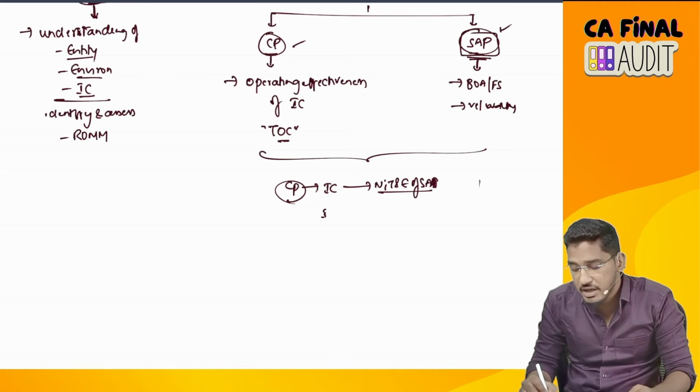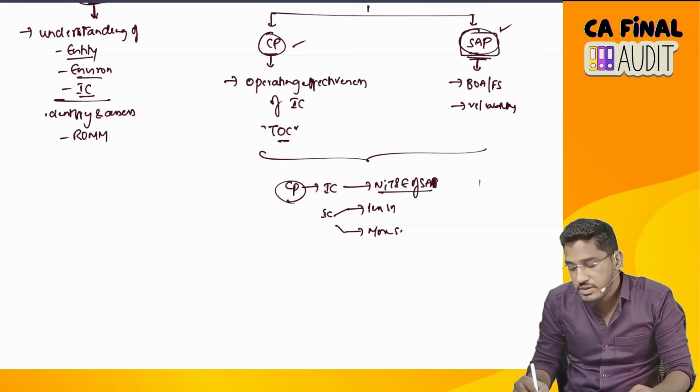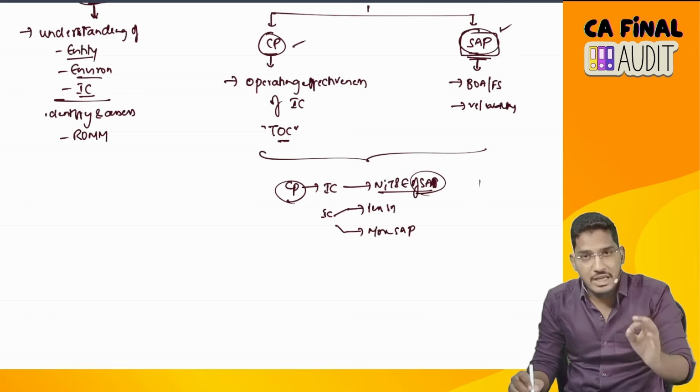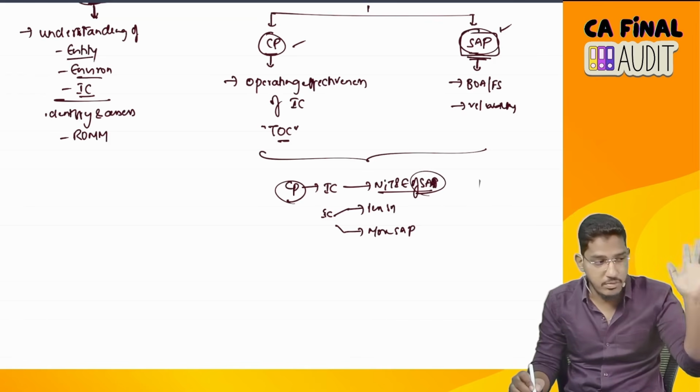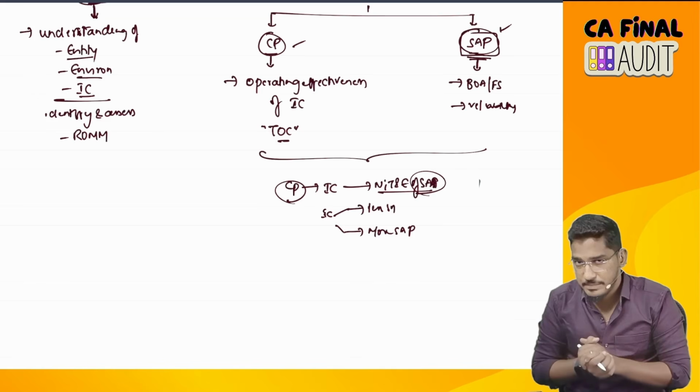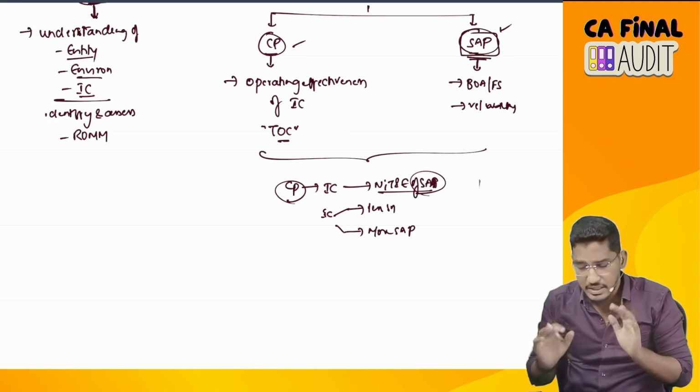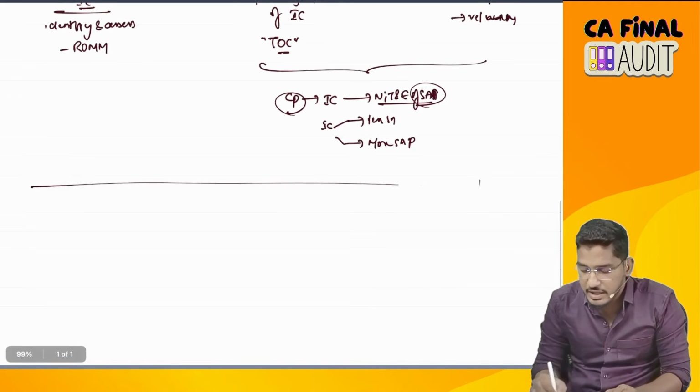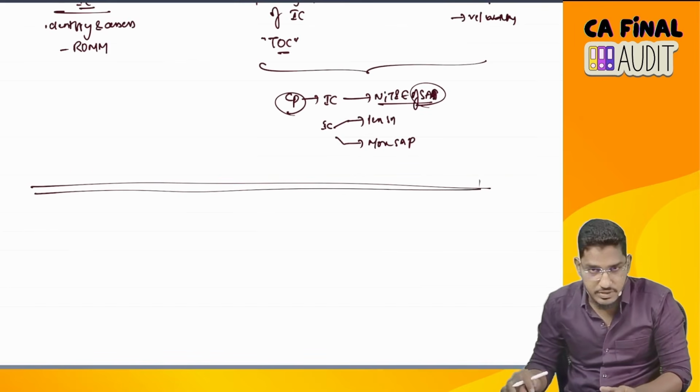That means if he finds that controls are effective, he will perform fewer substantive audit procedures. If he finds that controls are not effective, he will perform more substantive audit procedures. So the nature, timing, and extent of substantive audit procedures will be decided on the basis of the outcome of the compliance procedures. Able to understand, everyone? Clear and comfortable? So this is regarding the different types of audit procedures.